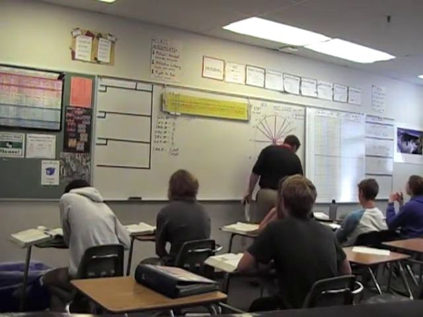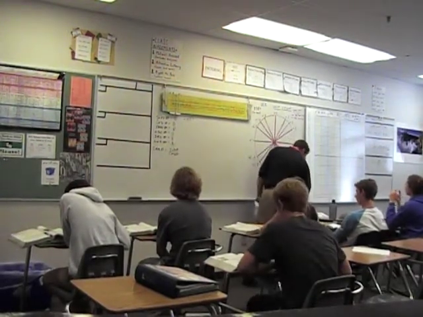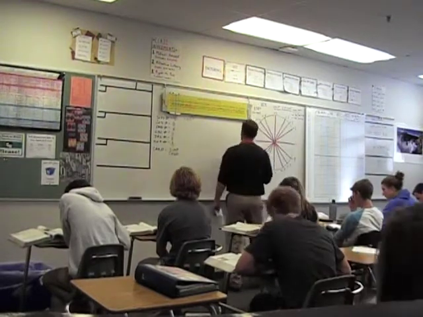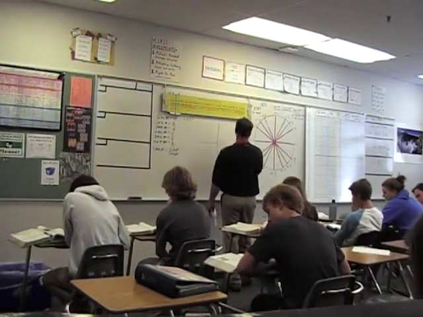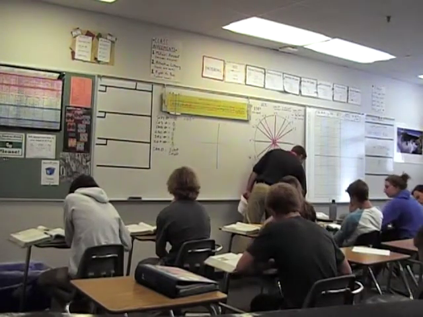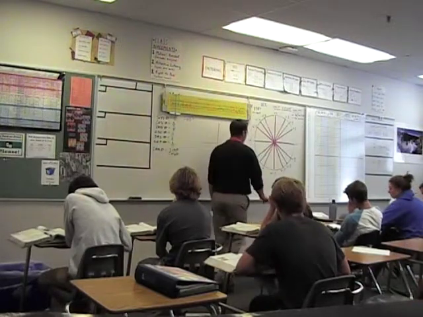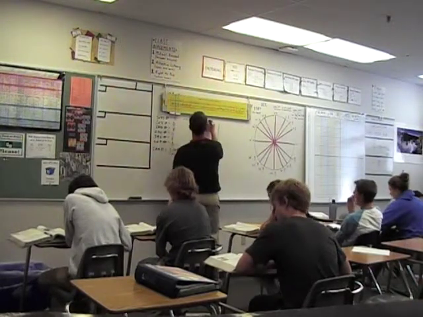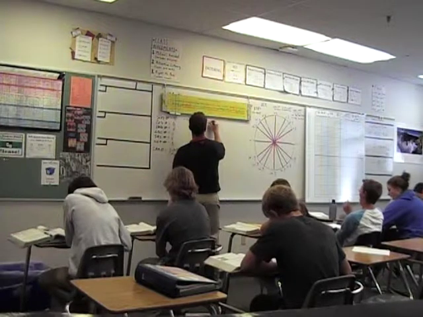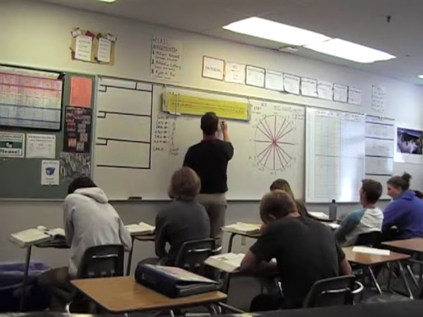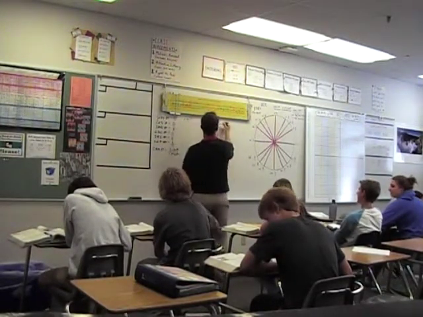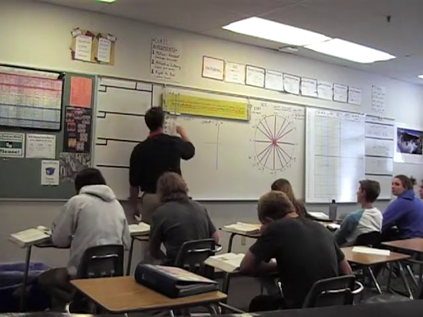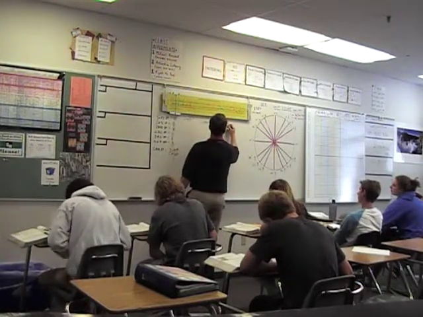All right, let's go to 41. We're in quadrant 2, which lets us know that cosine of theta is -1/2. So I would write up here, cosine of theta equals -1/2. Well, what is cosine? Cosine is adjacent over hypotenuse.